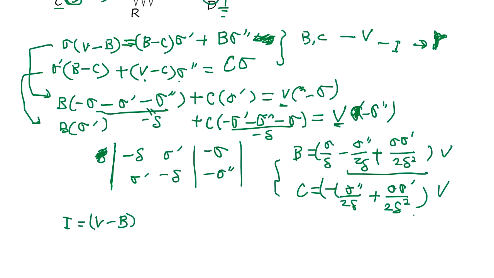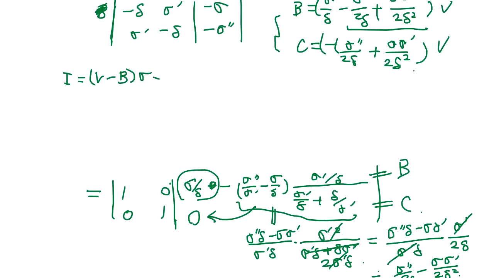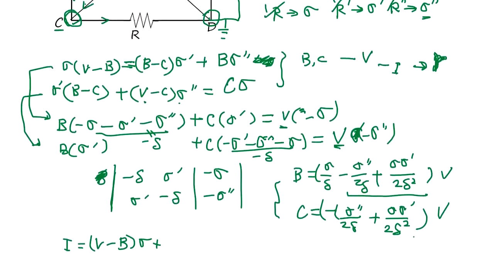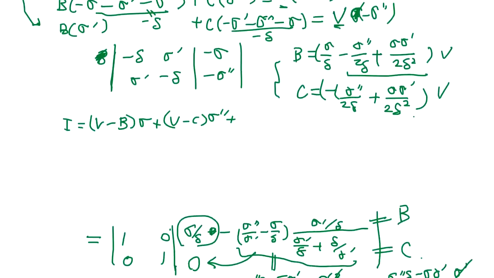and what? Sigma plus the current V minus C sigma double prime plus one more current going through here. So the V prime sigma.